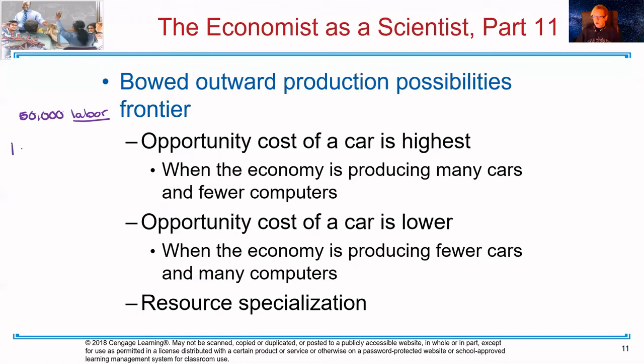To produce one computer takes 500 hours. To produce one wheat takes 50 hours. And I would ask you, what's the opportunity cost for one computer in terms of wheat, and what's the opportunity cost for one wheat in terms of computers?